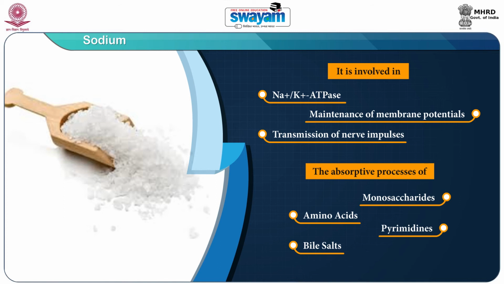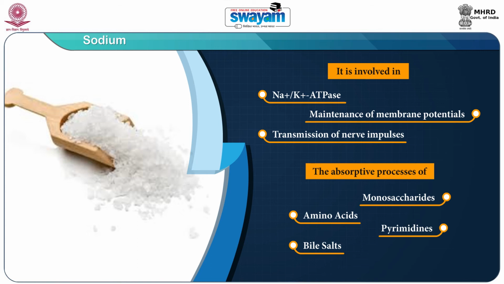Learners, we have seen that sodium has a number of roles to perform in the body. Now, a recent meta-analysis of randomized control trials on the effect of moderate sodium intake reduction documented a significant blood pressure reduction in adult hypertensive and normotensive individuals as well as in children and adolescents.